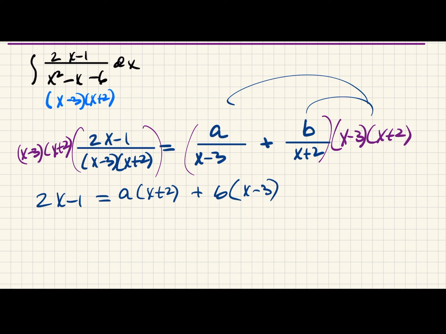Now I'll go ahead and multiply those out, and I'll have 2x minus 1 equals ax plus 2a plus bx minus 3b. Now, that's an equation. The left side is equal to the right side. And on the left side, I have this 2x.